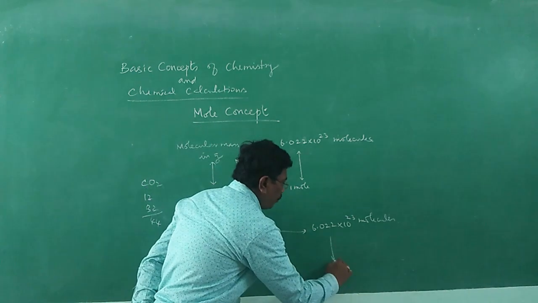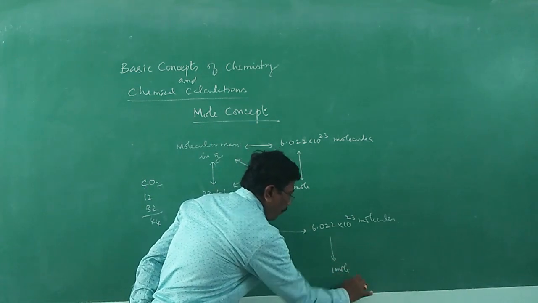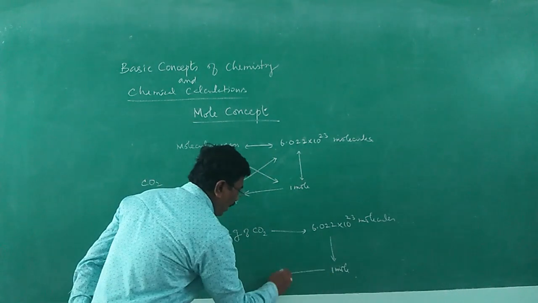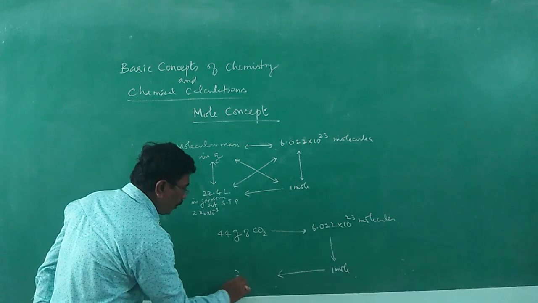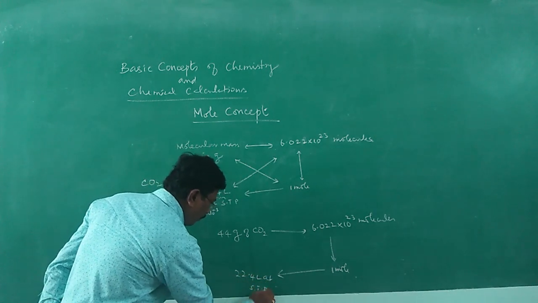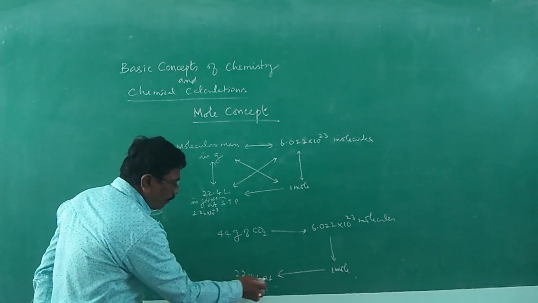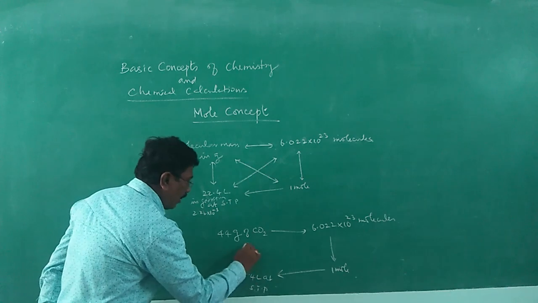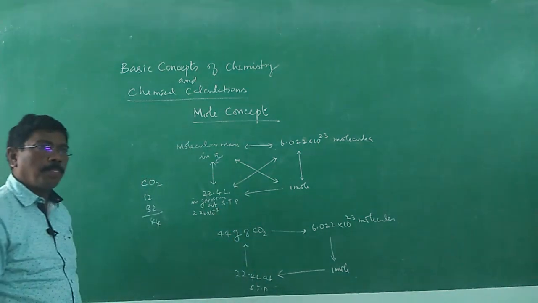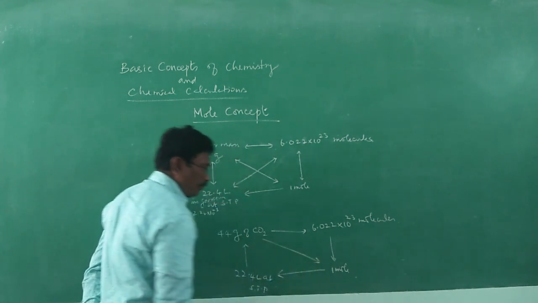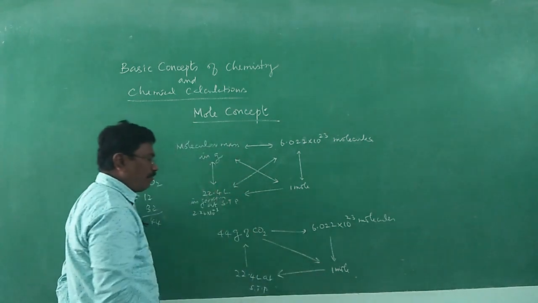These many molecules put together is said to be 1 mole. And 1 mole of carbon dioxide at STP will have 22.4 liters. And if I have 22.4 liters of carbon dioxide, it will have the mass equal to 44 gram. Or 44 gram of carbon dioxide is said to be 1 mole. 1 mole of carbon dioxide is said to be 44 gram.